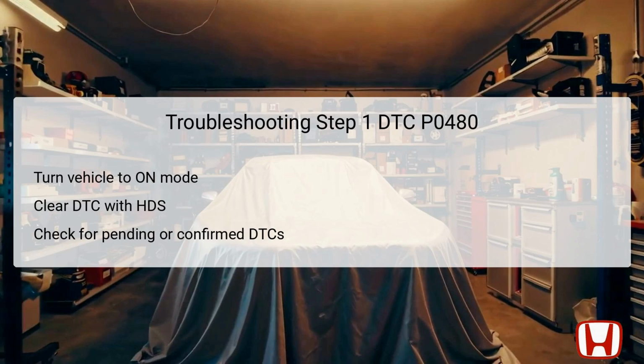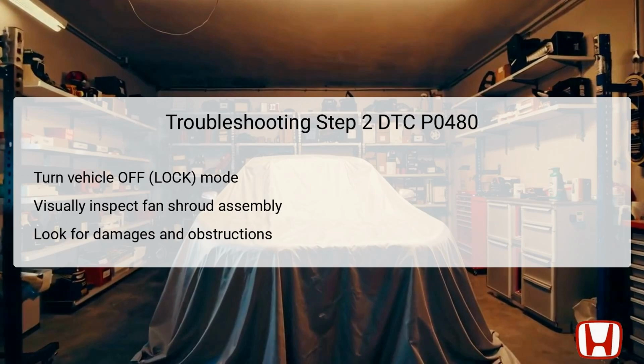After confirming the presence of DTC P0480, the next troubleshooting step involves visually inspecting the fan shroud assembly. Begin by turning the vehicle to the off lock mode for safety. Look for any physical interference with the fan shroud, such as debris that could obstruct the fan's movement.